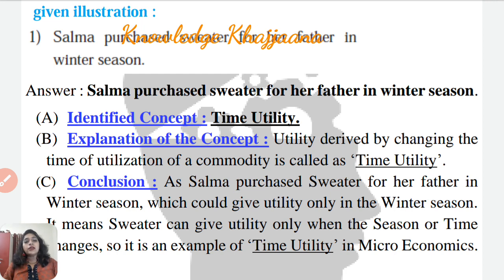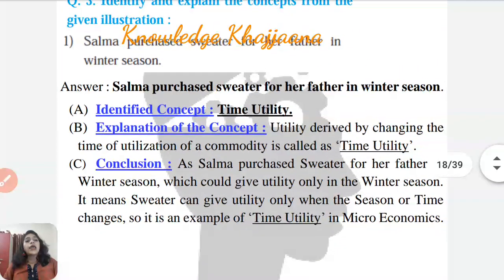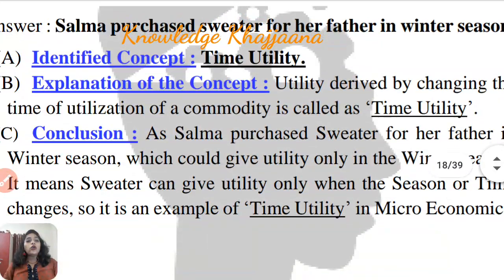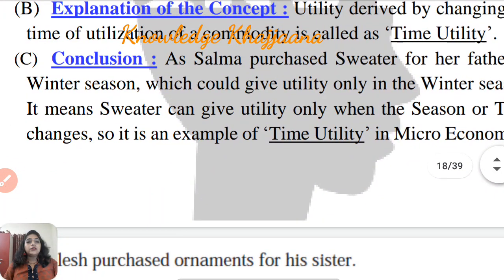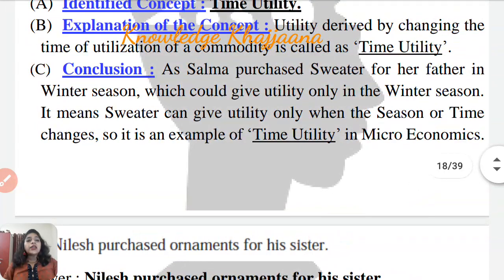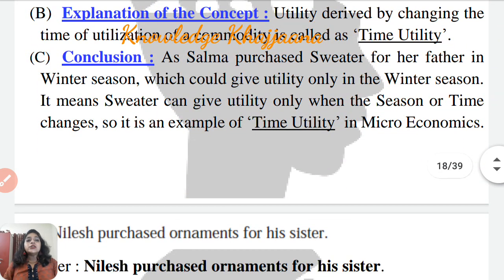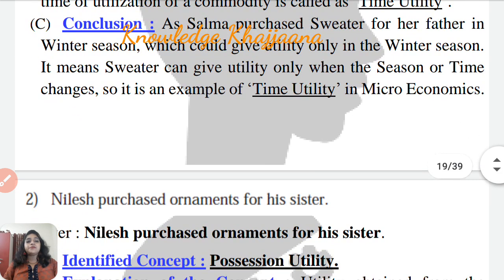So what can we write in the conclusion? As Salma purchased sweater for her father in winter season, which could give utility only in the winter season, it means sweater can give utility only when the season or time changes. So it is an example of time utility in microeconomics.